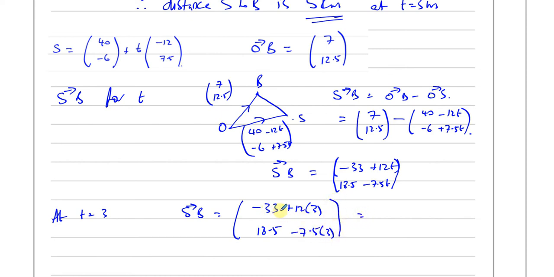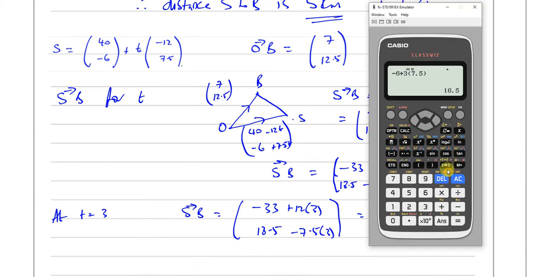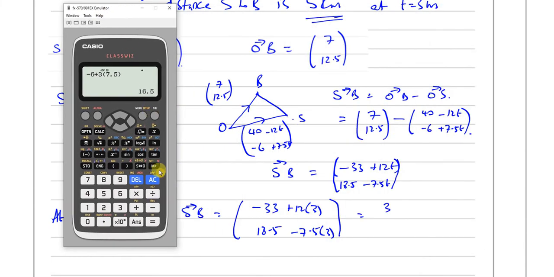That's minus 33 plus 36, which is 3, and 18.5 minus 7.5 times 3, which gives you minus 4.